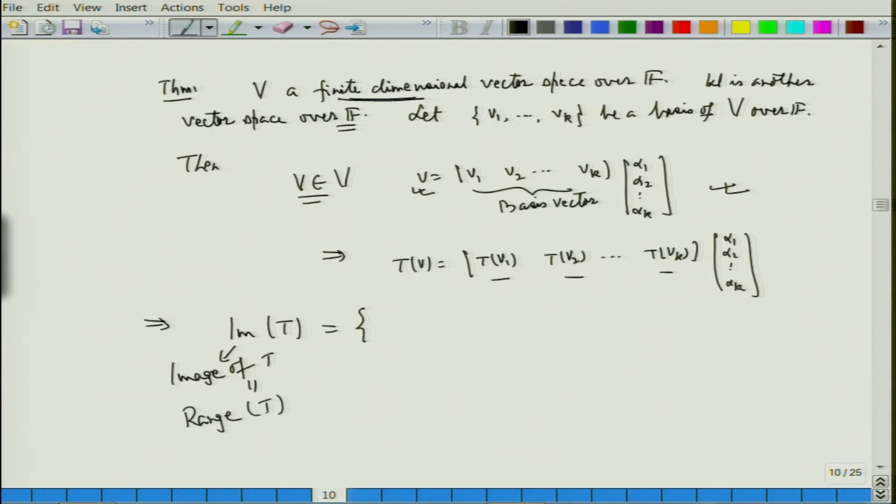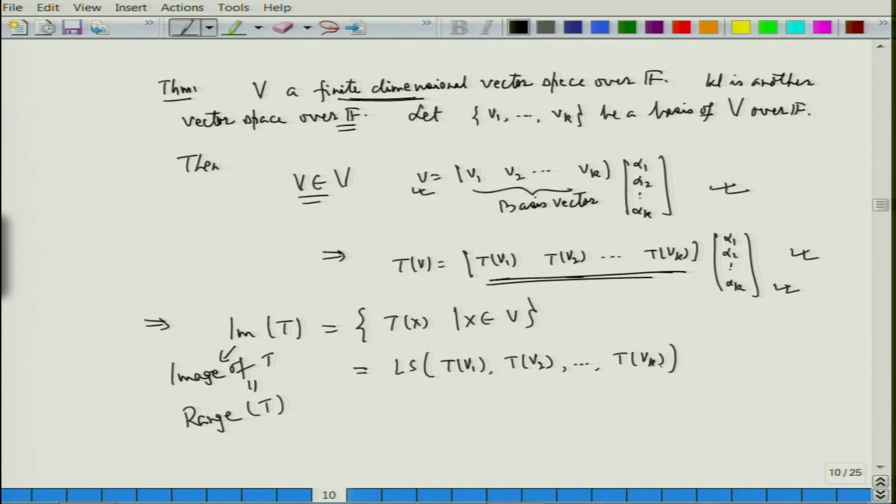The range of T is all Tx such that x belongs to V. So it is nothing but a linear combination of these vectors. The alphas are just scalars, so you are looking at linear combinations of T of V1, T of V2, T of Vk. Is that okay? This is what is important.